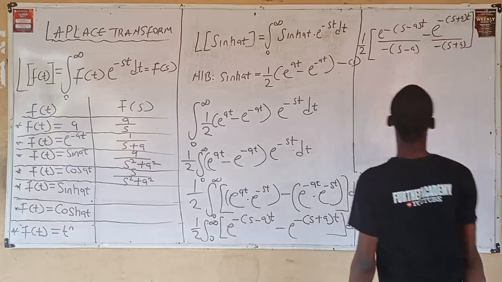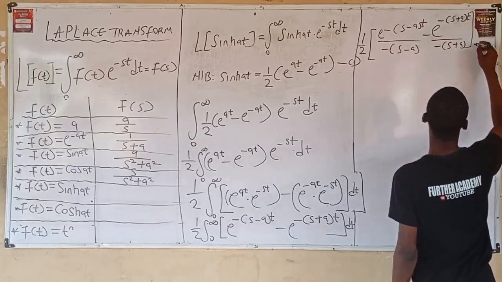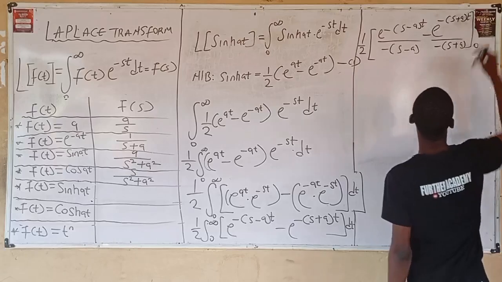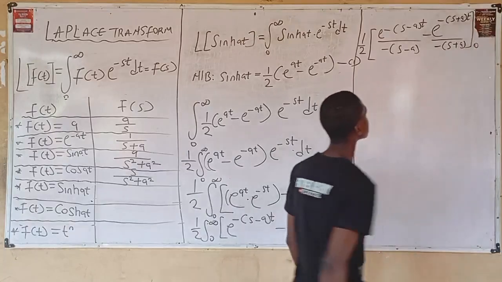Close your bracket, introducing your lower limit 0 and upper limit infinity.